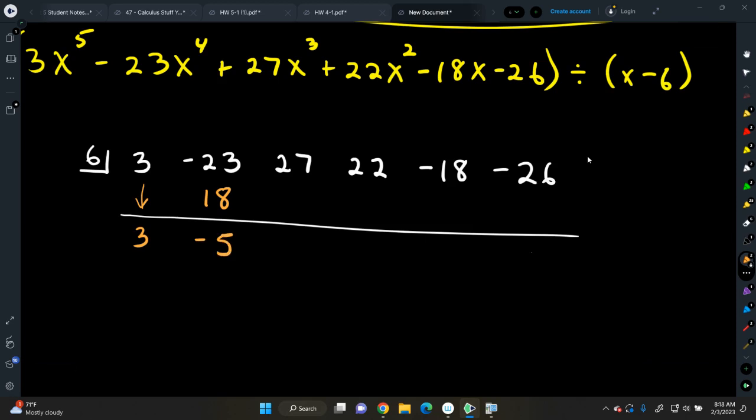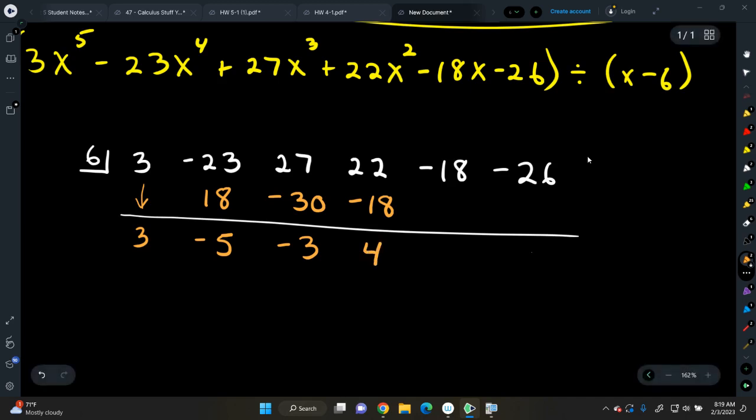Okay. And then we're going to multiply. And we get -30. And we add. And we get -3. And then we multiply and we get -18. And we add and get 4.